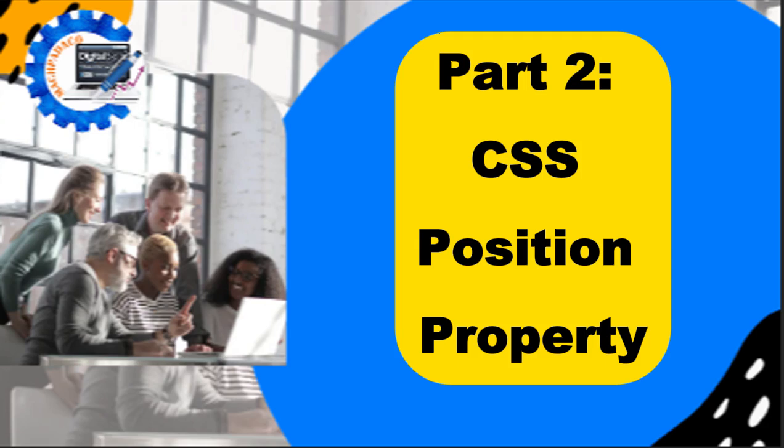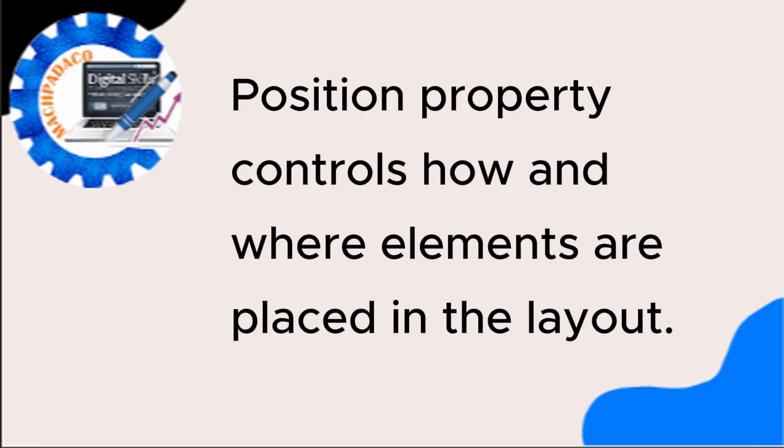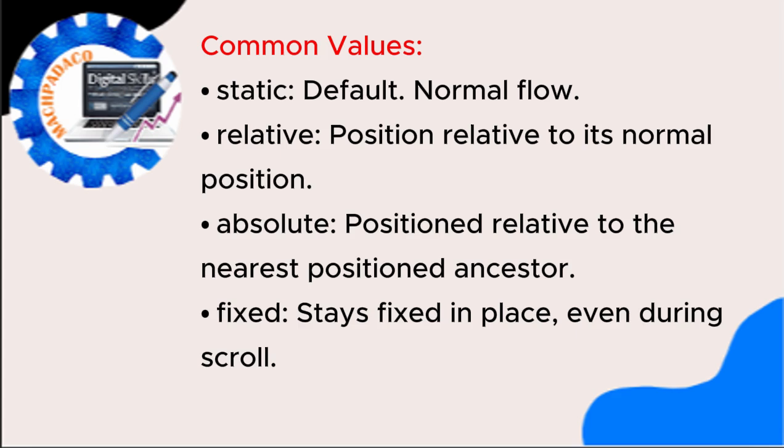CSS position property. The position property controls how and where elements are placed in the layout. Common values. Static, that is the default, normal flow. Relative, positioned relative to its normal position.